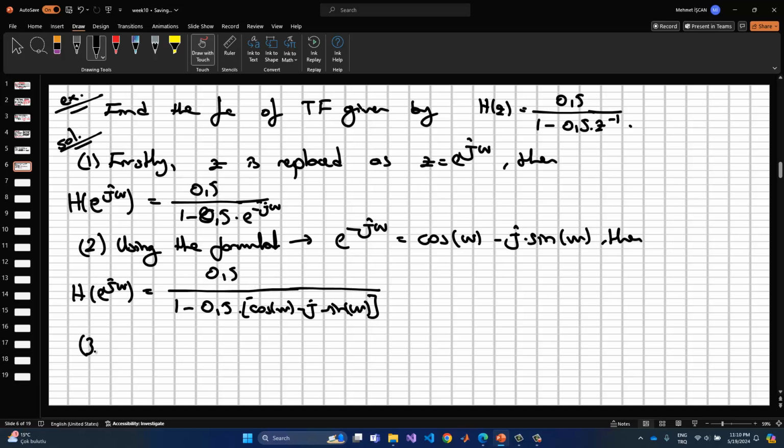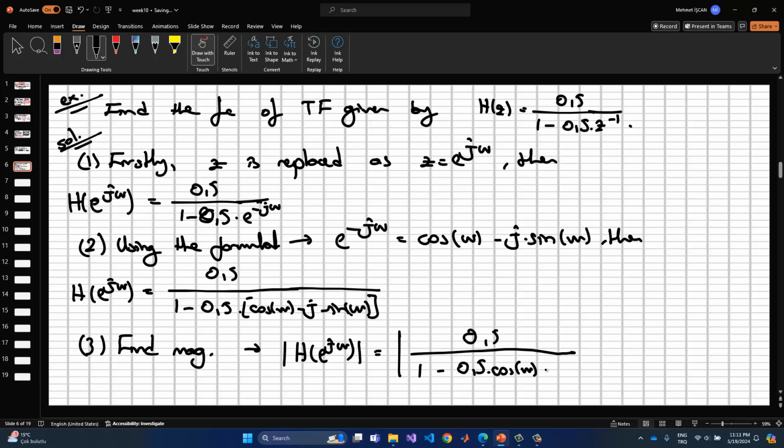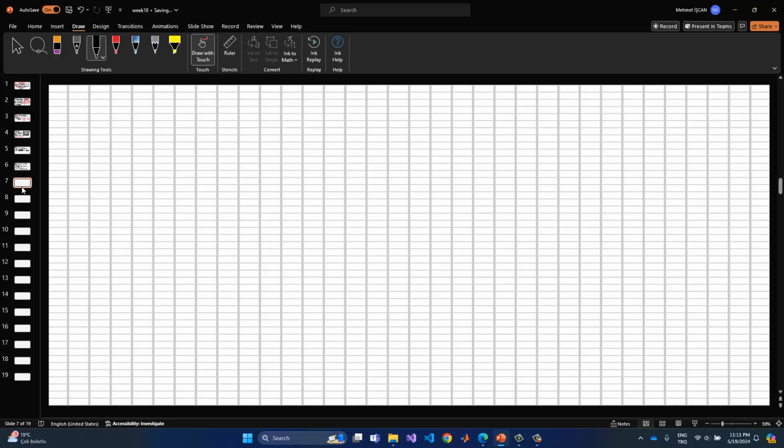After that we need to find the magnitude of H(e^(jw)), which equals 0.5 divided by (1 minus 0.5 cosine w plus j 0.5 sine w). We need to take the absolute value of these terms, or in other words generate the real and the imaginary parts here.